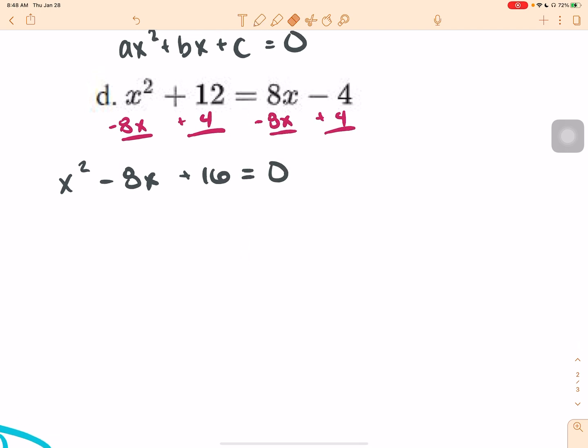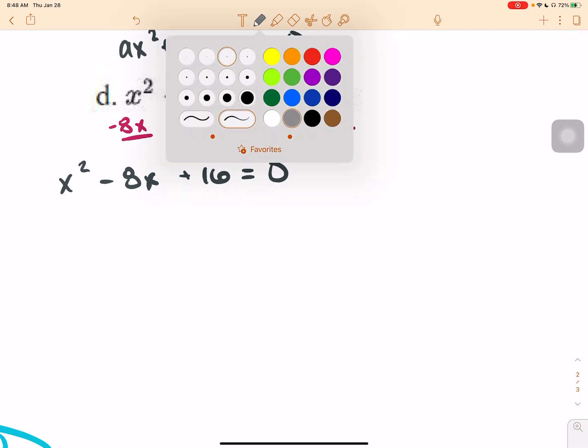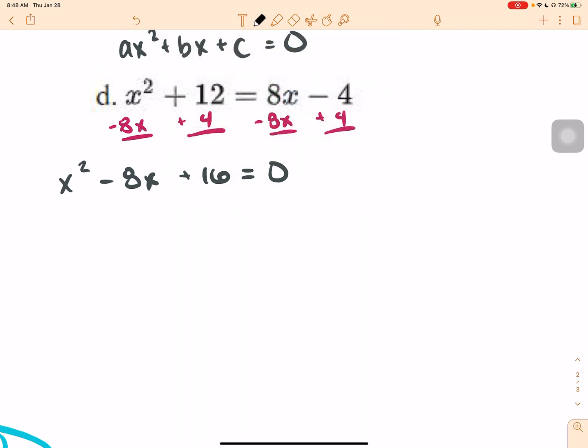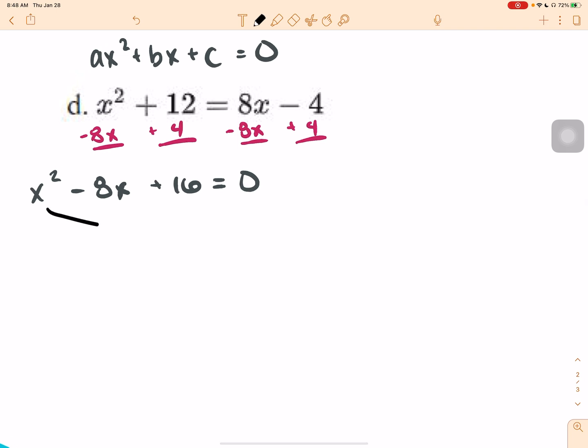Okay, so the first thing again that I like to do is see if these are factorable, just with the basic factoring. So I have x squared, and then the bottom is going to be this negative 8x here.